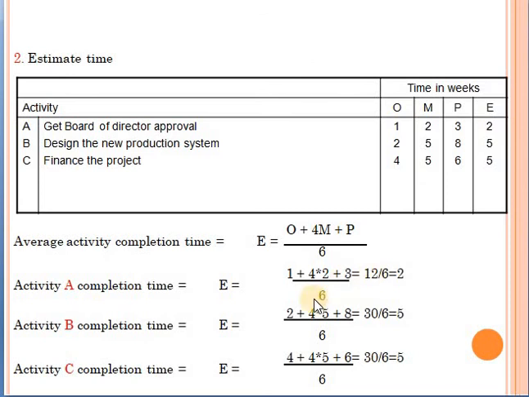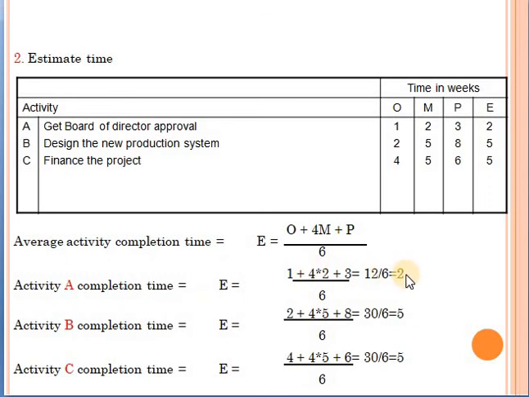This gives me 12 over 6, which equals 2. So the completion time of activity A is going to be 2 weeks. This is taking into consideration all the situations. So I'm getting the completion time under uncertainty. I'm not sure what will be the completion time, but I've used this method to get an estimate of the completion time of activity A.